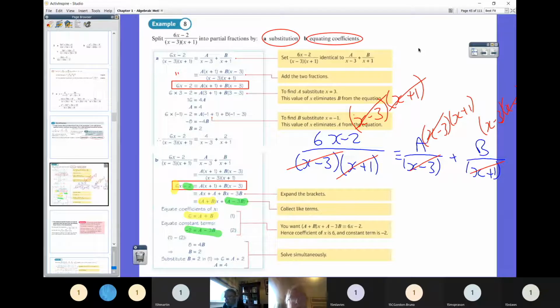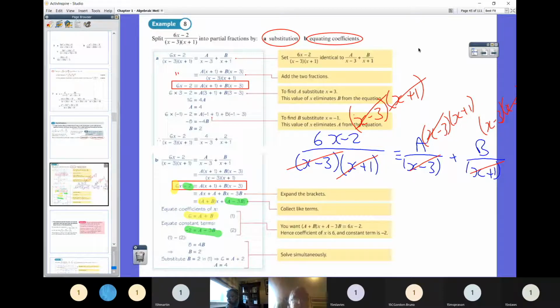Then you want to get the common denominator. The first term, you multiply top and bottom by x plus 1, and the second term with b in it, you multiply top and bottom by x minus 3. That's similar to what we've been doing the last couple of lessons. You will see that at the top of the page for substitution and at the bottom of the page for equating coefficients; so far they're the same process.